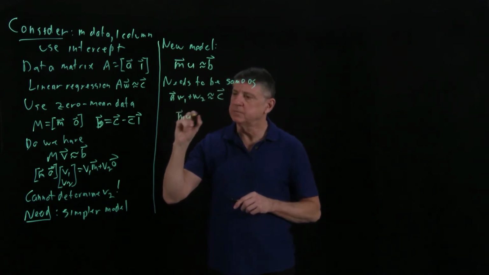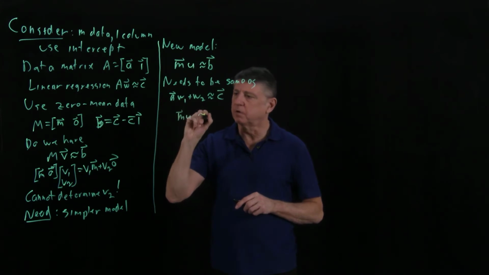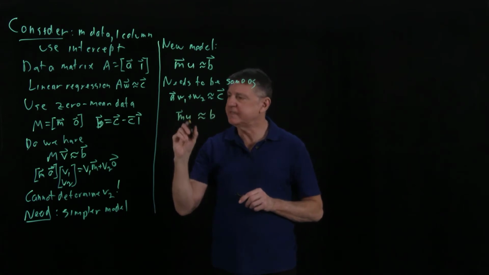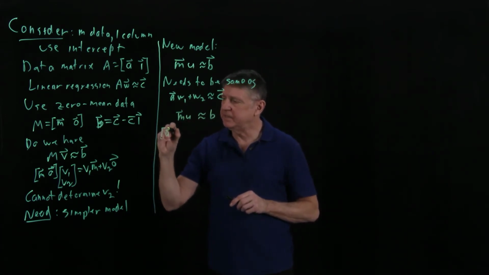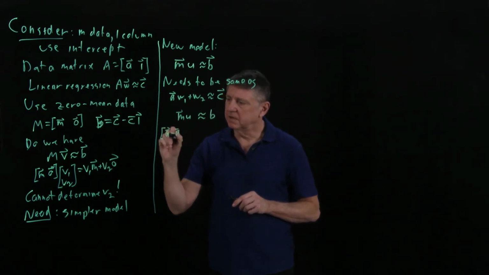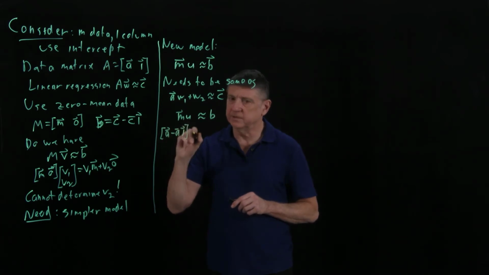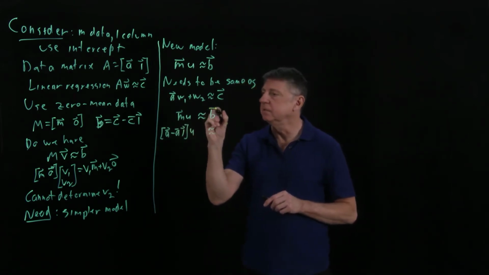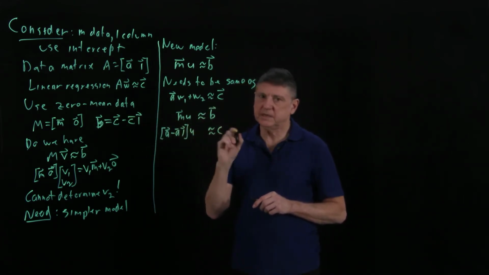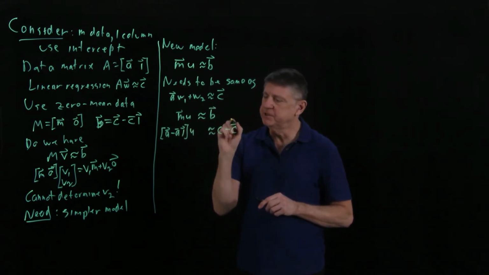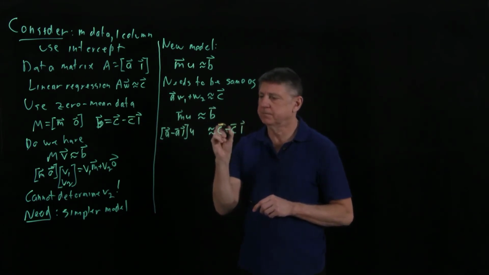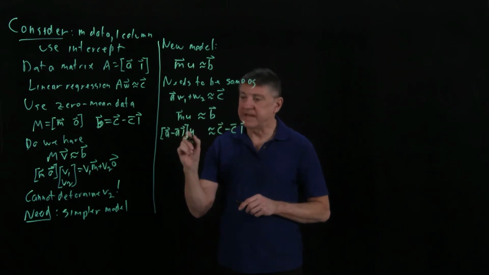M times U being approximately equal to B, well, that's the same as, what is M? Well, that is the independent values minus the mean of the independent values times the ones vector times U, and that will be approximately equal to B, which was C minus the average of the dependent observations times the ones vector. And what is that the same as?